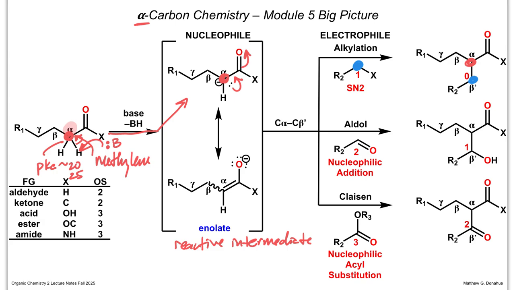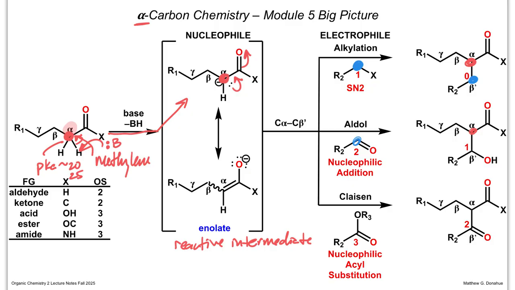If the electrophile is at oxidation state 2, that can be an aldehyde or a ketone. I've just shown an aldehyde. This is now a nucleophilic addition. So we've seen that before, like when a Grignard reagent adds to a carbonyl to make an alcohol. So here's the red.